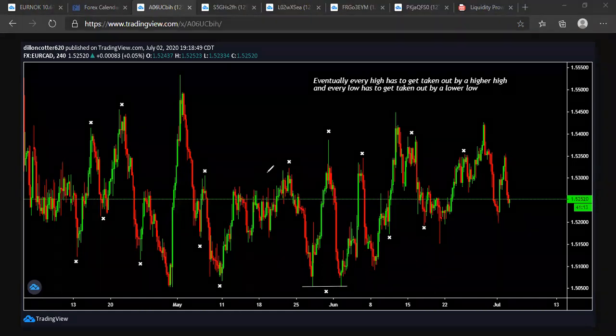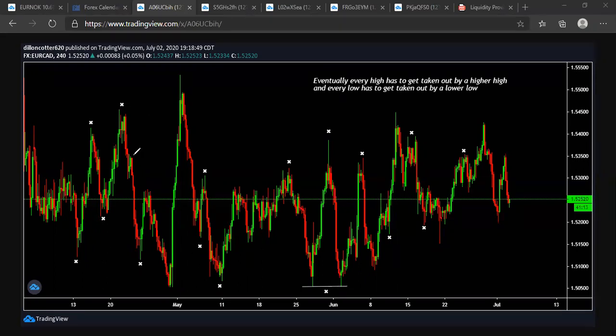So when finding liquidity, you need to ask yourself, where is the money? Where is money sitting? Essentially, liquidity is above every high and below every low.